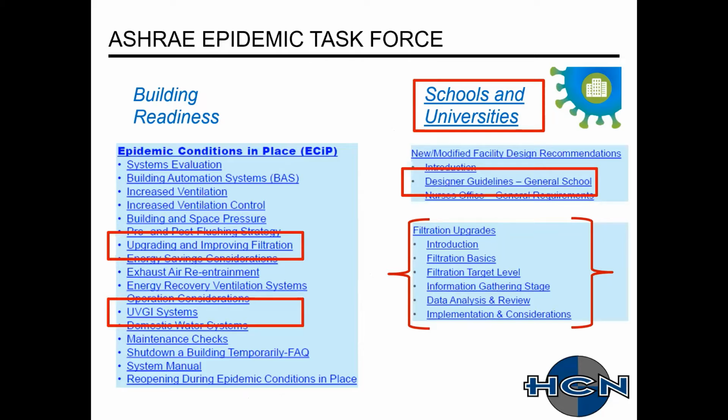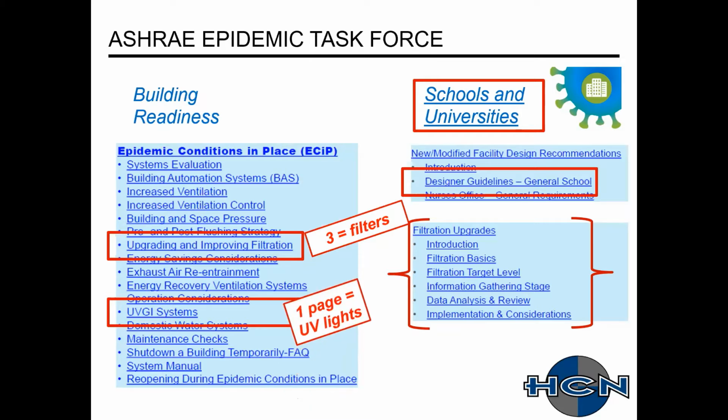The second one is UVGI systems. And then under schools and universities, they have a designer guideline for general school, and they also have a significant, detailed section about filtration upgrades. So with the two publications, basically they have three sections or three parts where they talk about filters or filtration.